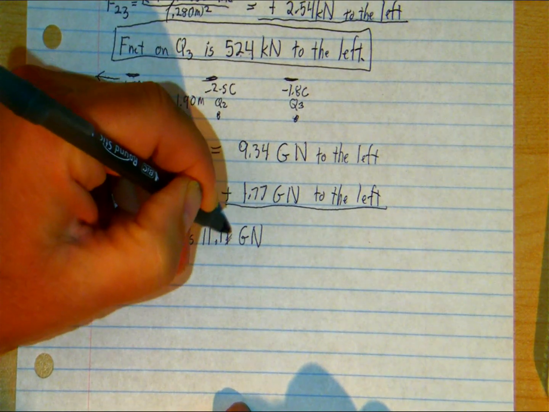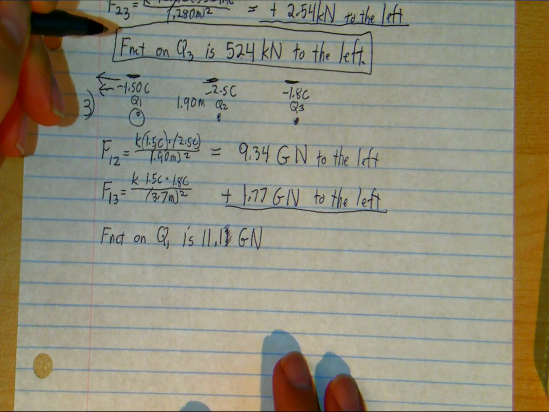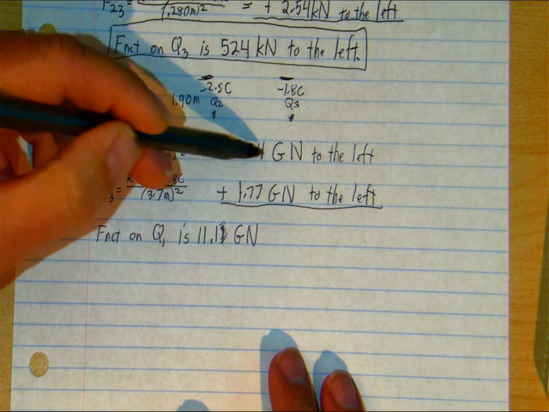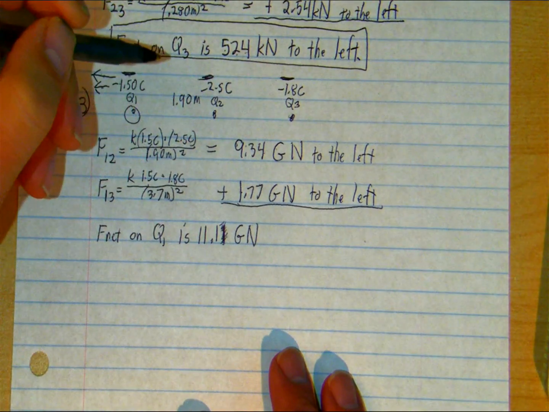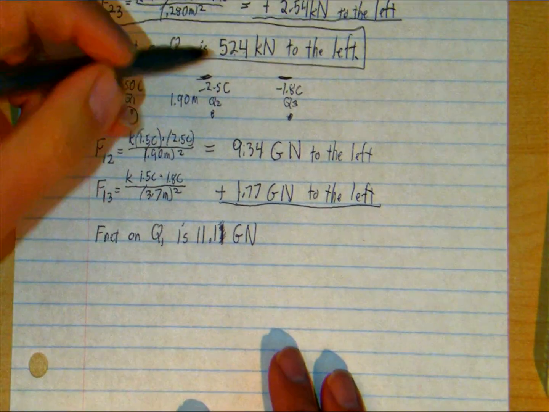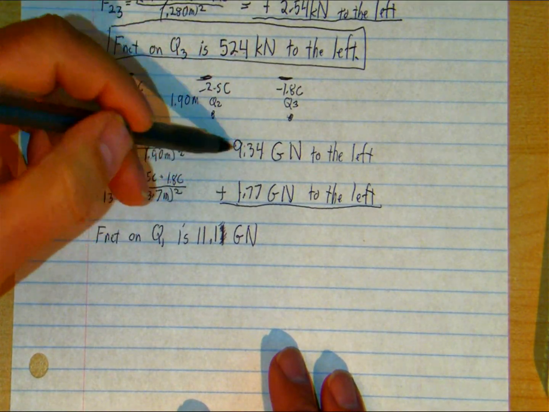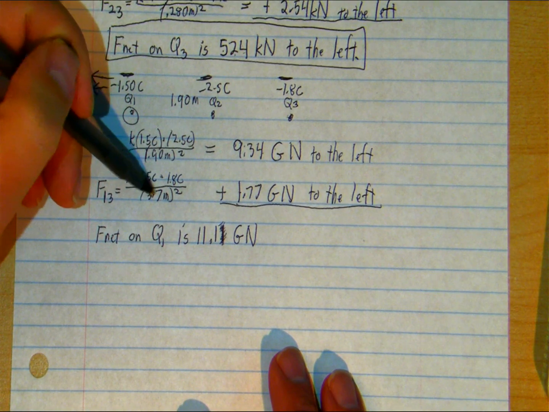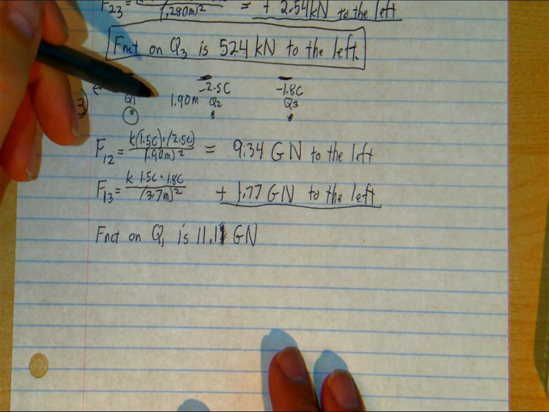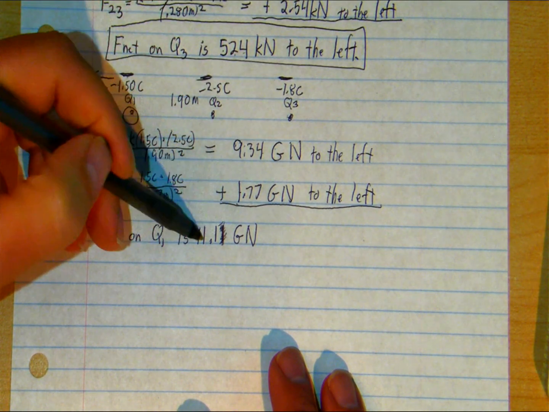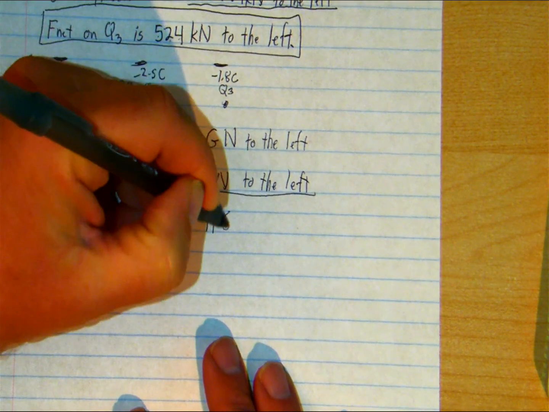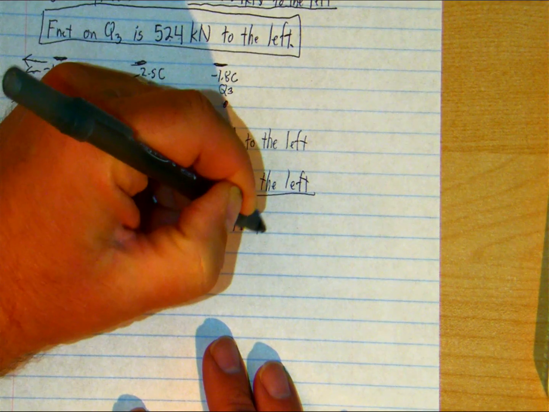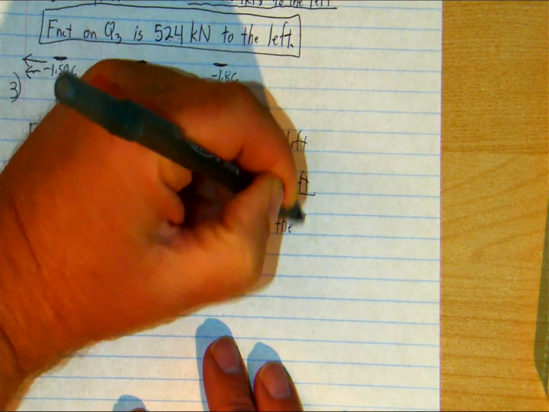And this becomes insignificant to 3 sig figs. Actually, that's not true. This result would be to 4 sig figs. However, our calculations were only done to 2 sig figs for some of these numbers, like the distance or charge. So really, I'm going to round my answer off in the end to 11 giganewtons to the left.